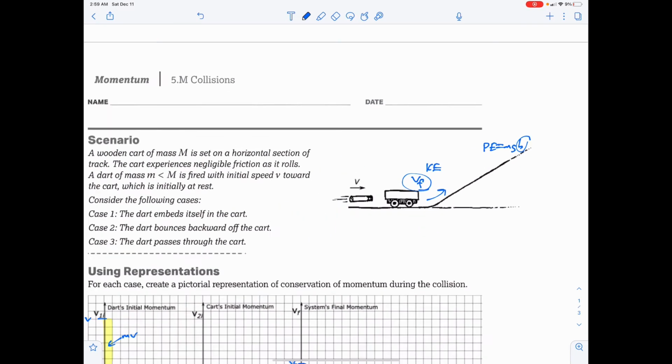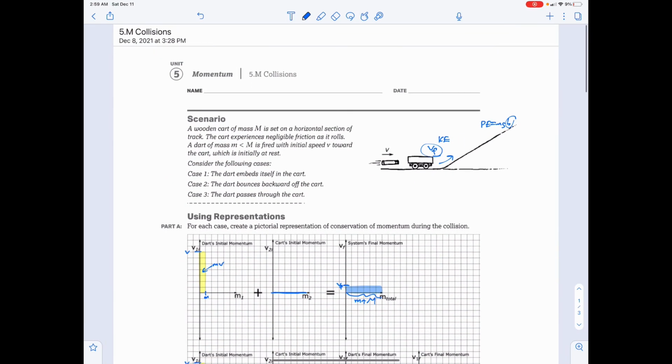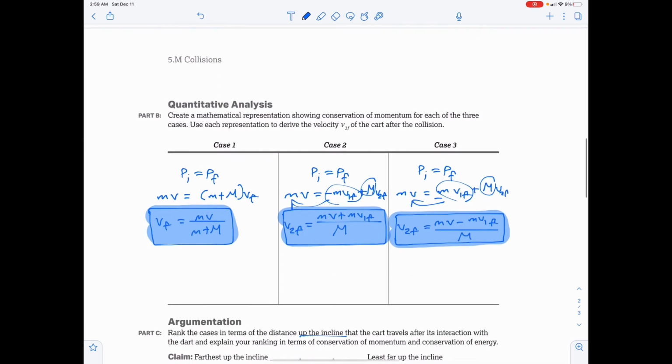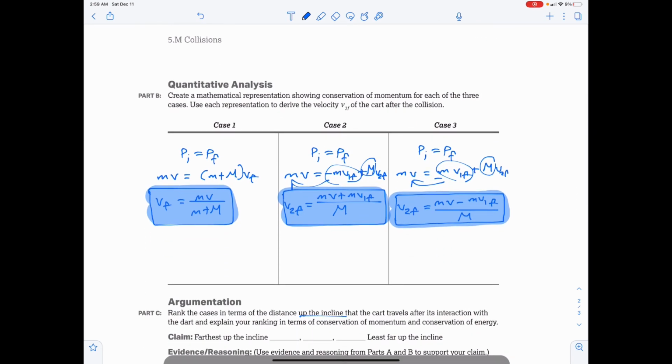So which one has the greatest speed after collision? Well, you can see that the one with the greatest speed is going to be this one right here. You're dividing by less and you have a greater numerator. So case 2 is going to have the greatest speed. Case 1 is going to have the next greatest speed because you do have a decent numerator.